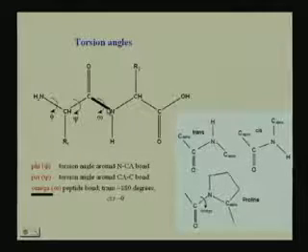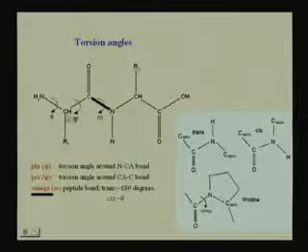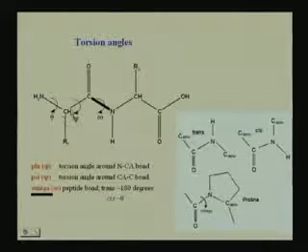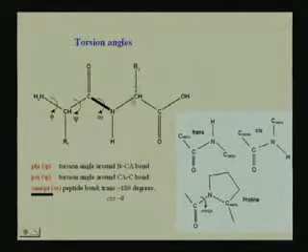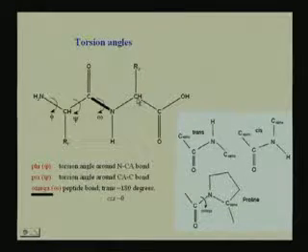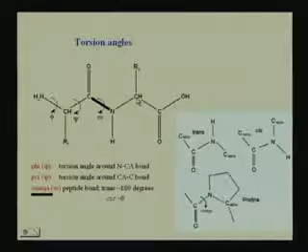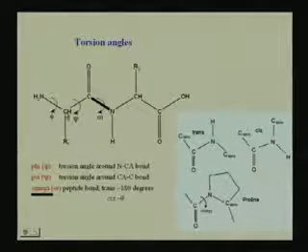Okay. Now, if we look at the disposition of the C alpha residues. What is this? This is residue number 1, R1. This is residue number 2, R2. So, what is this C? This is the C alpha of R2. This is the C alpha of R1.